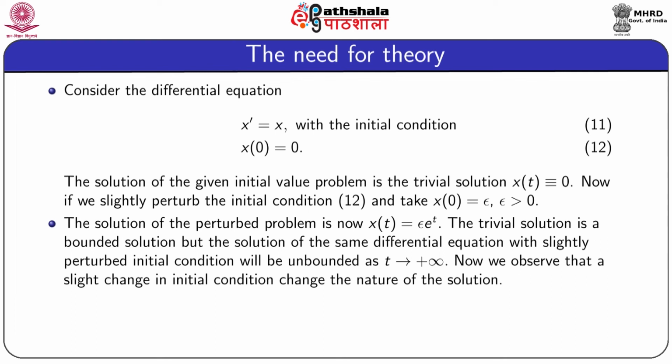Once again, x(t) equal to 0 is a bounded one, whereas for x(t) equal to epsilon e to the power t, as t tends to plus infinity, the whole solution x(t) tends to infinity, and hence it is an unbounded one. Therefore, a slight change in the initial condition provides a massive change in the final output.